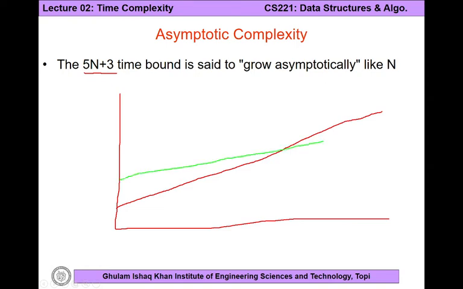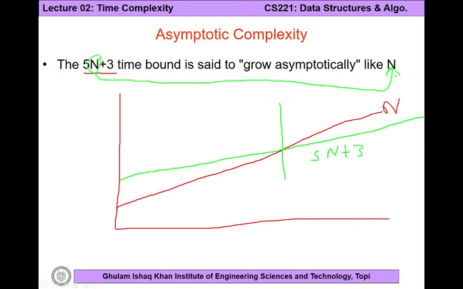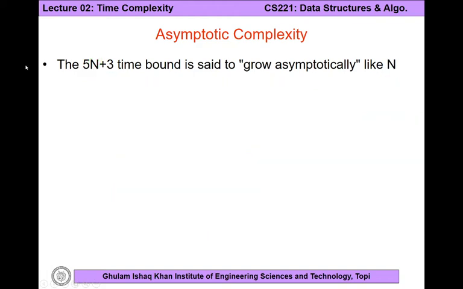Its behavior after a particular point, after this particular point, is that it grows like the line of n. So this represents n and this represents 5n plus 3, right? So 5n plus 3 is said to grow asymptotically like n, so it will be just like n, right?